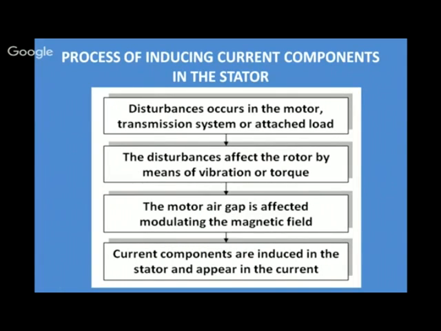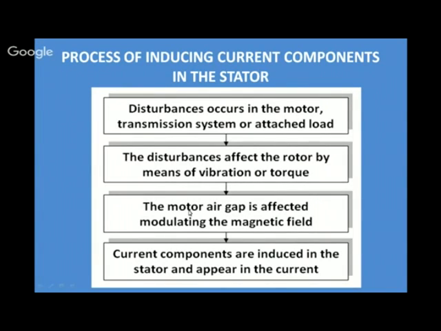So what is the principle behind this method? First of all, we have disturbances occurring in the motor or the transmission system or the attached load. These type of disturbances will affect the symmetry of the electrical motor, and this will cause the disturbances to be propagated in the form of vibrations or torque pulsation to the rotor of the motor.